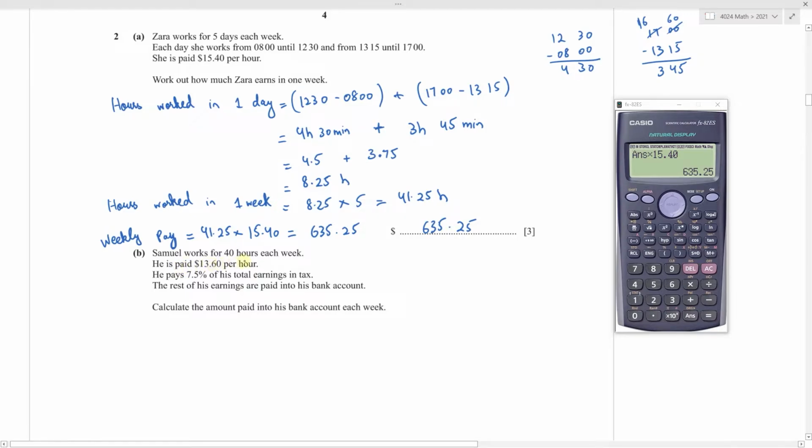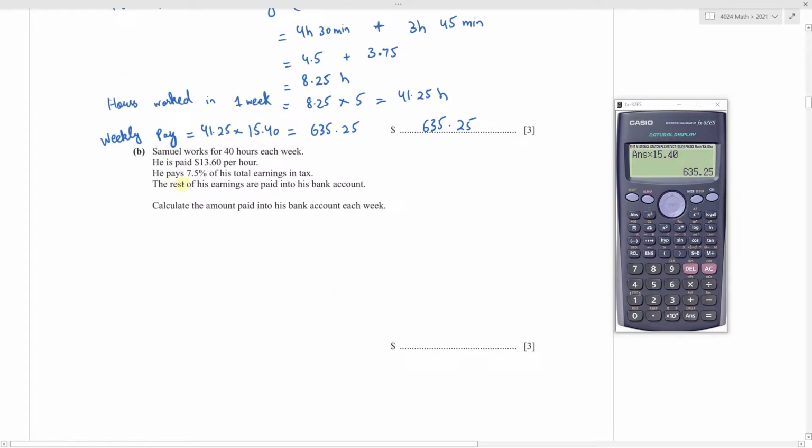Samuel works for 40 hours each week. He is paid $13.60 per hour. He pays 7.5% of his total earnings in tax. The rest of his earnings are paid into his bank account. Calculate the amount paid into his bank account each week. So let's first start with Samuel's weekly pay.